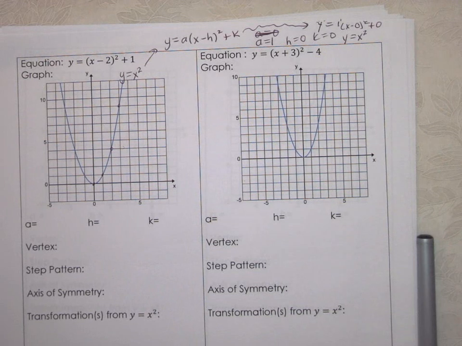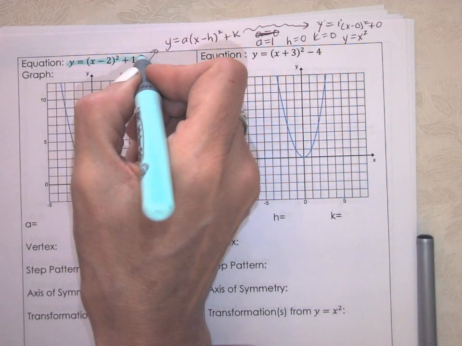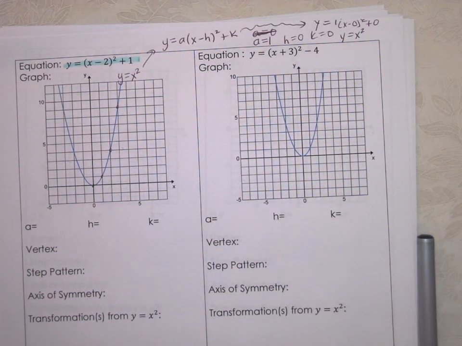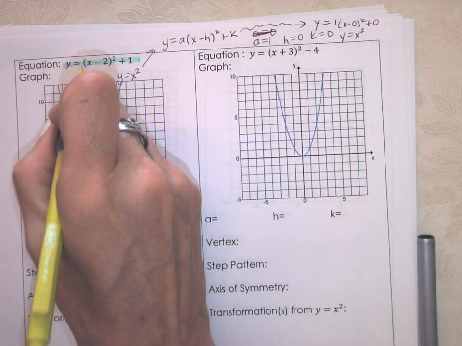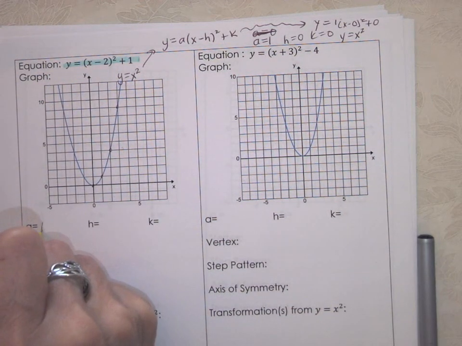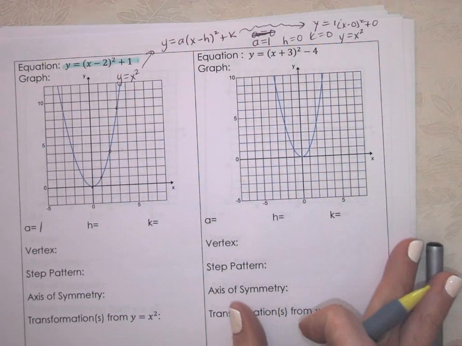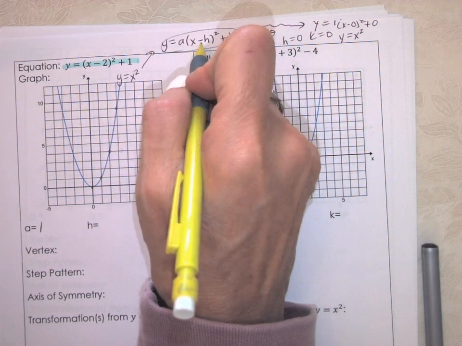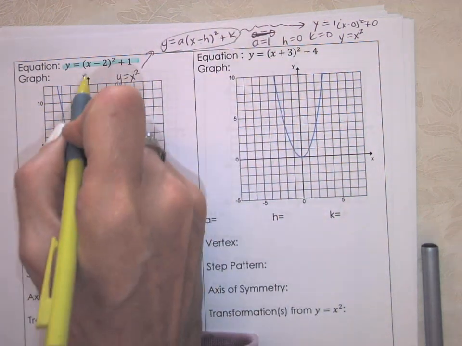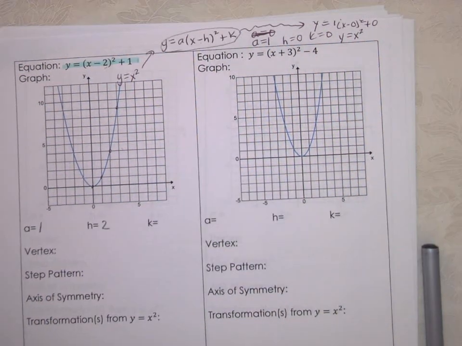Okay? So now we've got this new equation that we're focusing on. So y equals x minus 2 squared plus 1. And I've got spots for us to fill in. Well, what's the A value? I don't see a number out front there, so it must just be a 1. H, so remember that our general form has a negative sign before the H. So the H is just 2, okay?